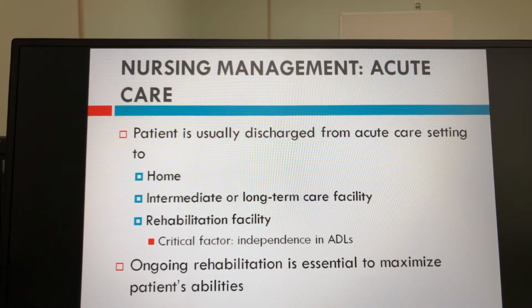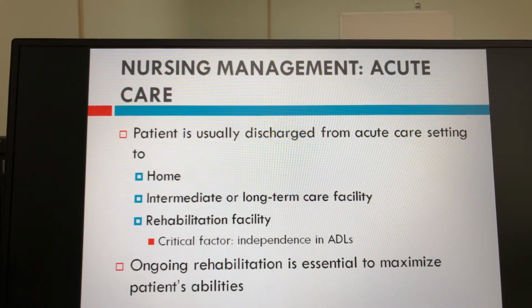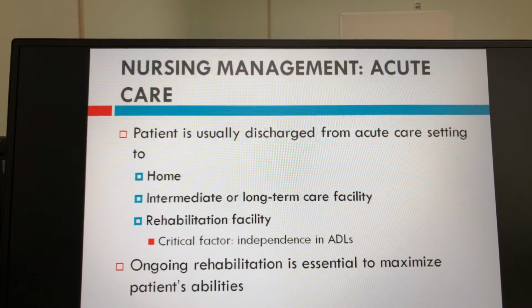Rehab requires a team approach, so the patient and family can benefit from the combined expertise and care of the actual stroke team. A critical factor in discharge planning, though, is the patient's level of independence, again, in being able to perform those activities of daily living.